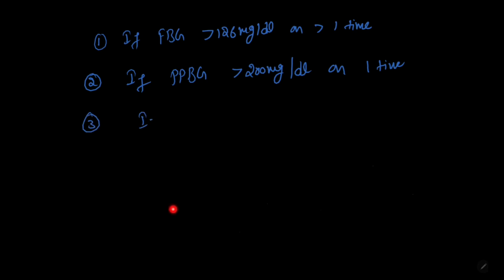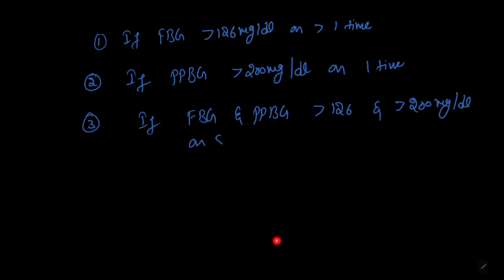Third one, if both fasting and PPBS are more than 126 and more than 200 mg per dl on the same occasion, then we can call the person diabetic.